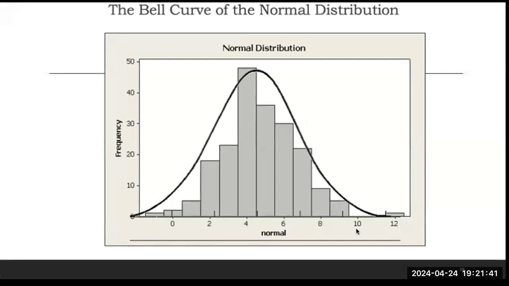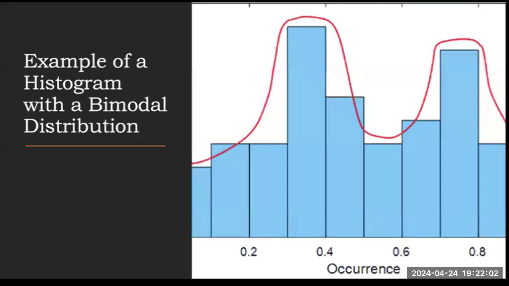Those are the values on the x-axis, and the frequency is on the y-axis. If you look at the bars themselves, it is not a perfect mirror. But if you draw a line that follows the shape of the tops of the bars, that's what we mean by saying it looks symmetrical. We'll talk about characteristics of the normal distribution in a bit.